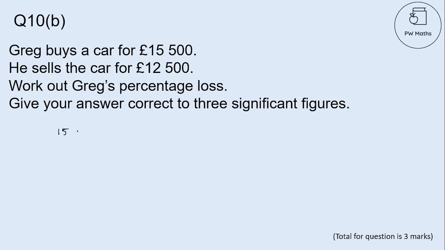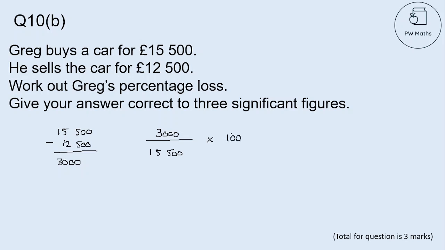So the original price minus what he sold his car for, which gives us 3,000. That is the change or the difference, which goes on the top, divided by the original. He originally bought his car for 15,500, and multiply that by 100.